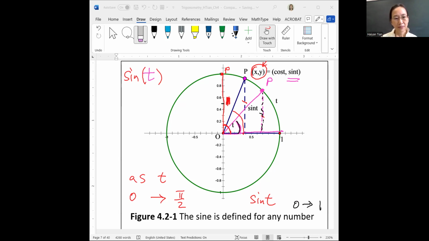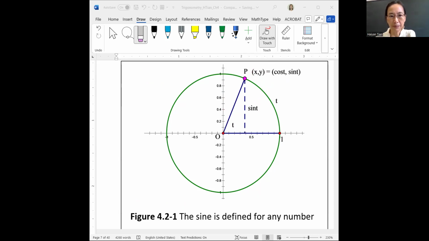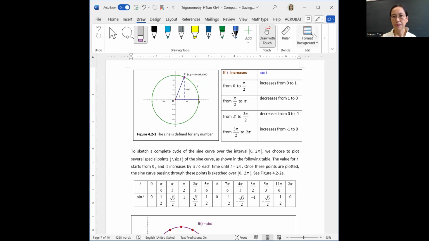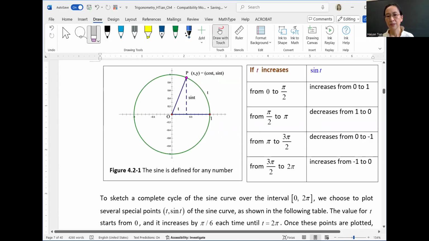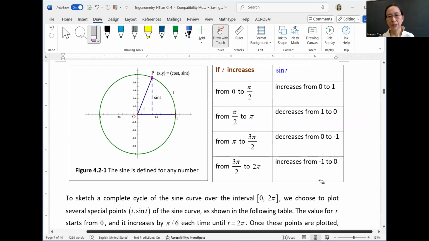So let's just pick a few special angles. We know already some special angles. So let me give the table.